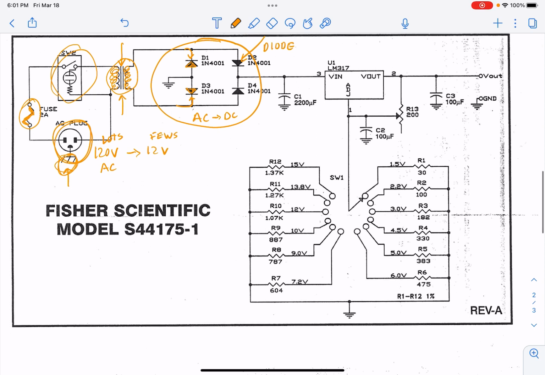So that means this current has to go this way or this way as it alternates back and forth 60 times a second. It can't go backwards because of the diodes. It can only go forward. And so now we have direct current by the time we reach the right side of this part of the circuit diagram. So now we have 12 volt direct current or 15 volt direct current. As I look at the maximum voltage here, it's 15 volts. So I'm just going to erase the 12 there and turn this into 15 volts.